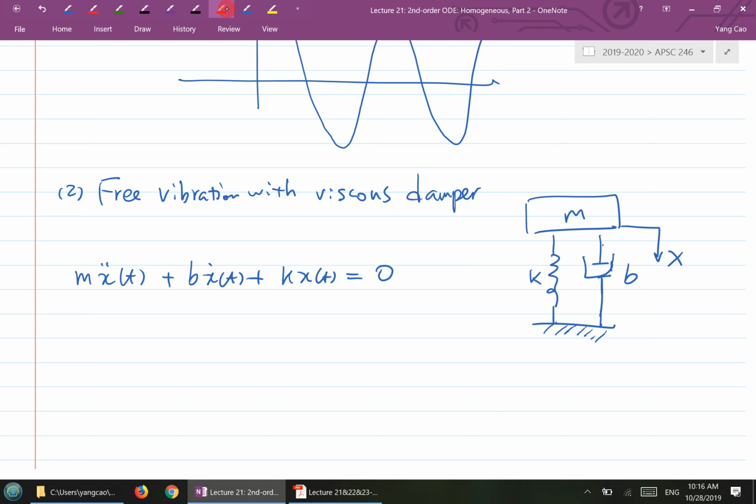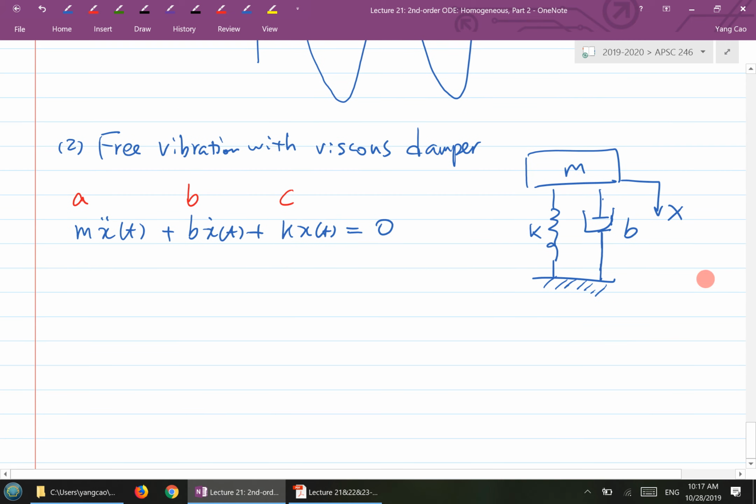So this is very much like the table that I gave to you. This is like A, B, C, right? In the table that you have there. But you can always divide by m to normalize the coefficient of the first term to be 1. So for this particular one, you can solve for the characteristic equation, which will be m lambda square plus b lambda plus k equal to 0.